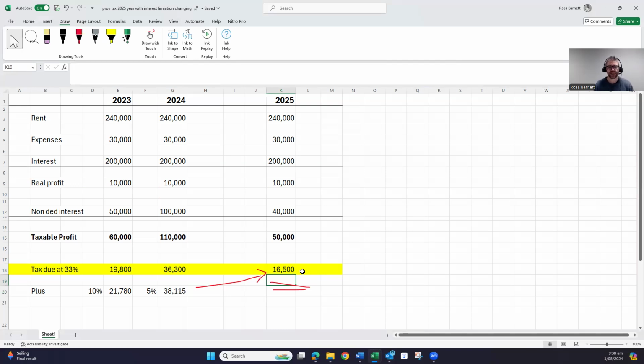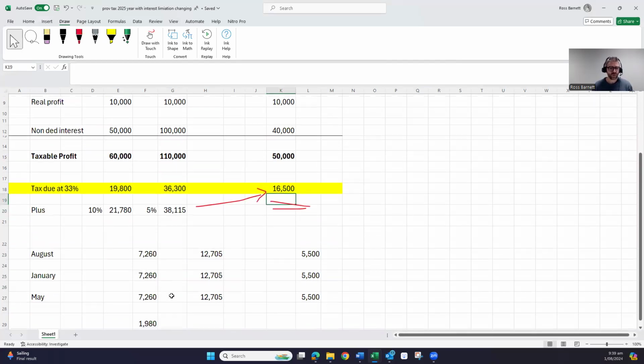So tip number one is we want to keep our provisional tax, if you're affected by interest limitation, based on 2023. So the easy thing is don't file your tax return, delay it until the 20th of January 25. That's after the second provisional tax. Then what will happen is under normal prov tax, if we haven't filed, our August 24 provisional tax would be based on 2023 plus 10%.